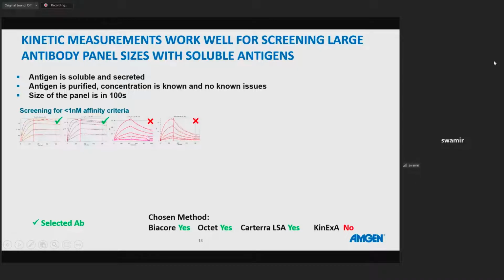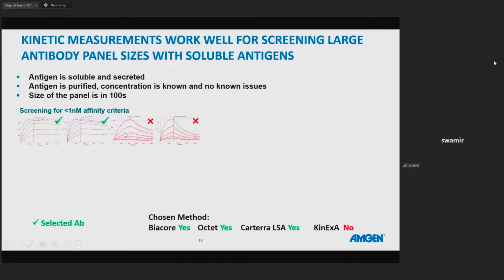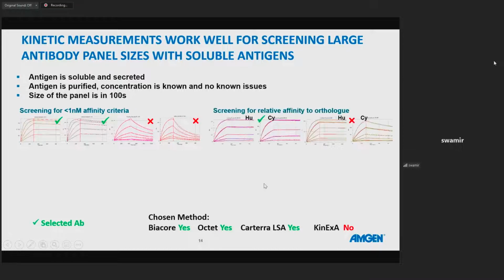This information can be obtained easily from the kinetic measurement instruments. Also, if you want to know quickly the affinity difference between the orthologs, for example human and cyno, whether they are similar or not, then this kinetic measurement technology would help quickly to understand that.